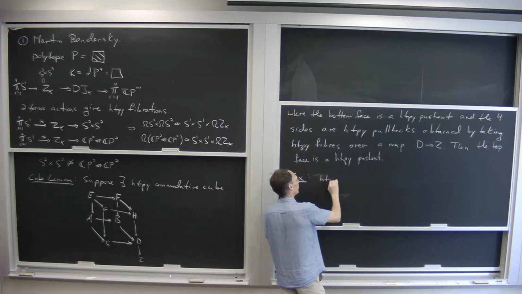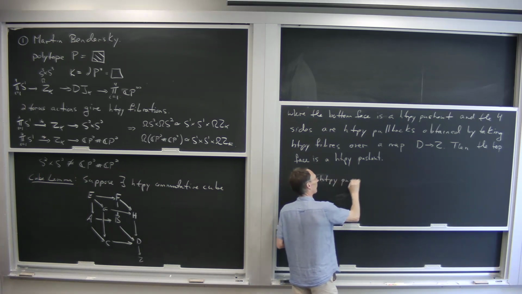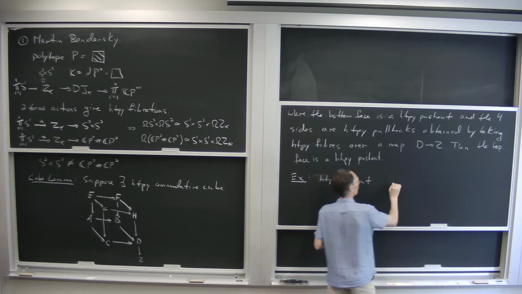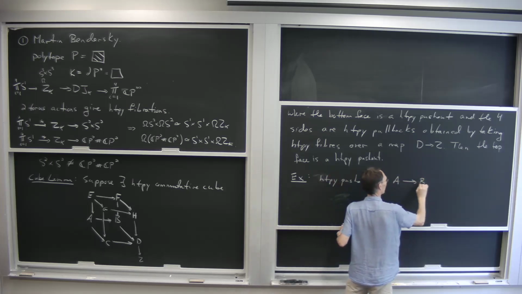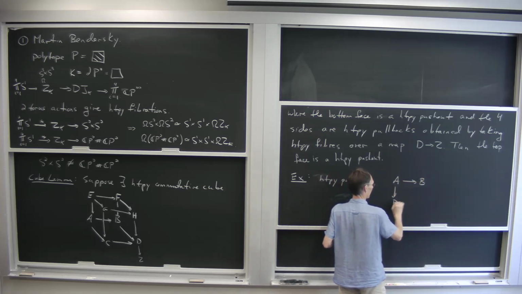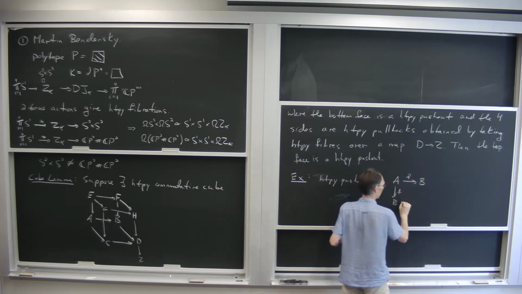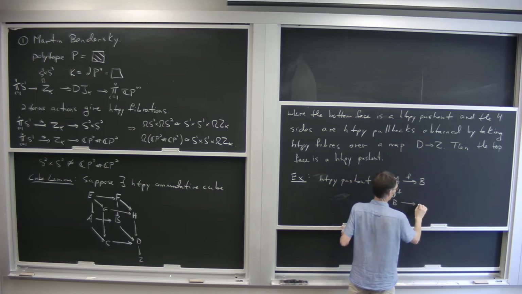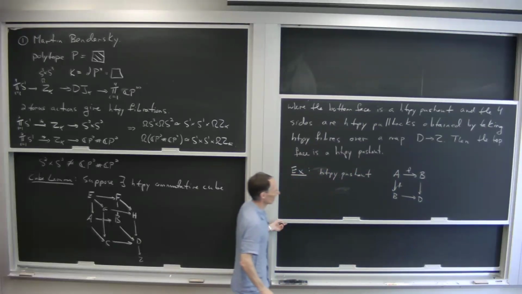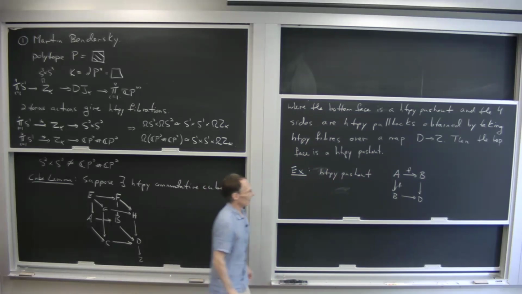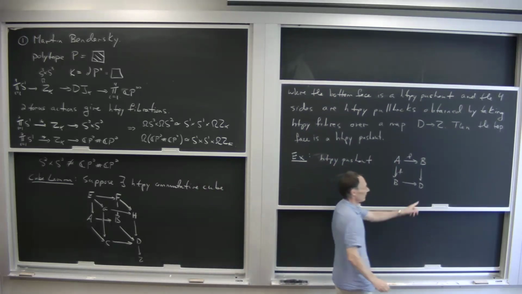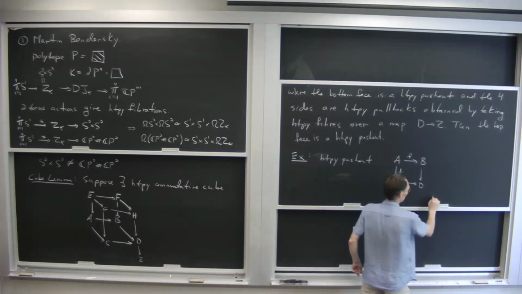So the homotopy pushout, the pushout of a map over itself. And I'll call this D. Then there's a nice pushout map.